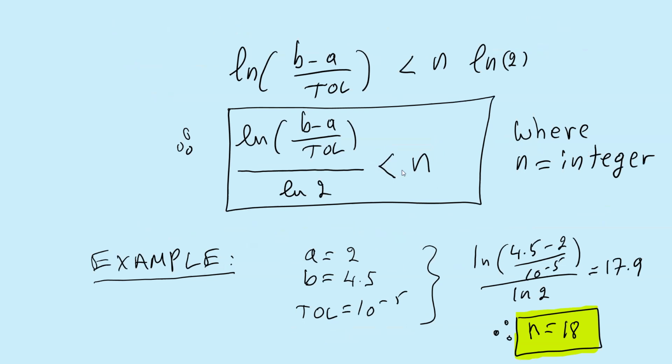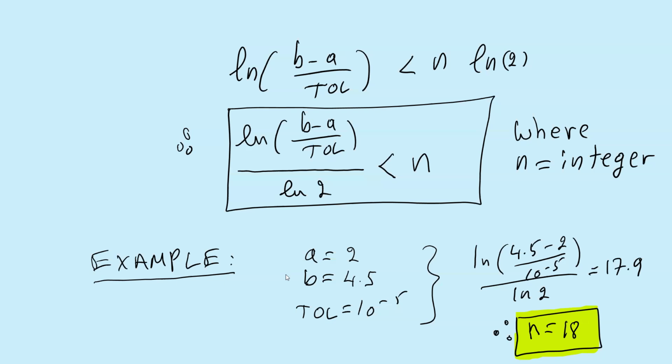This equation shows the number of iterations that we need to find the root of the function based on the bisection method.